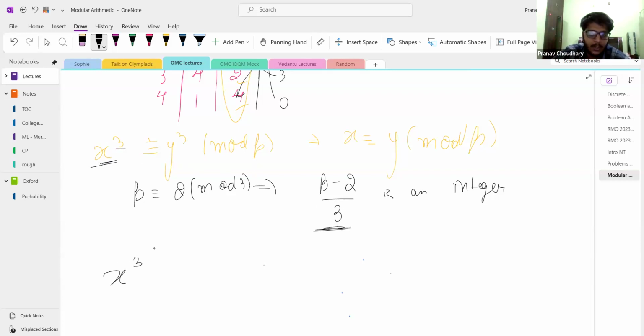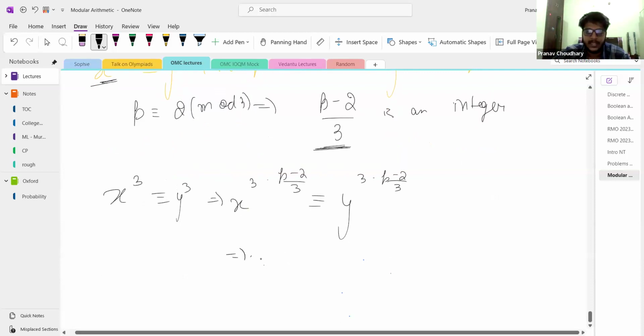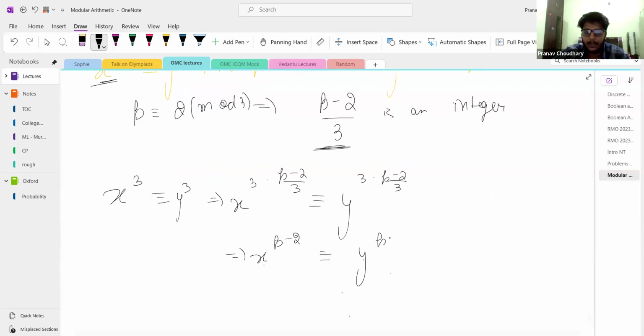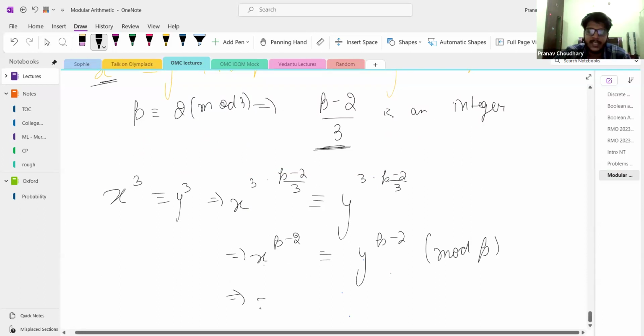So x cube congruent to y cube implies x to the power 3 times (p minus 2)/3 is congruent to y to the power 3 times (p minus 2)/3, which means x to the power p minus 2 is congruent to y to the power p minus 2 mod p, which means x to the power p minus 1 times x to the power minus 1 is congruent to y to the power p minus 1 times y to the power minus 1.